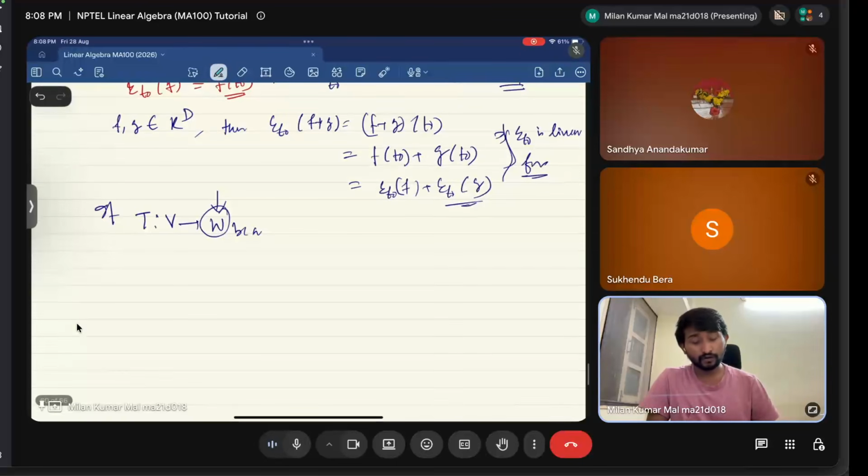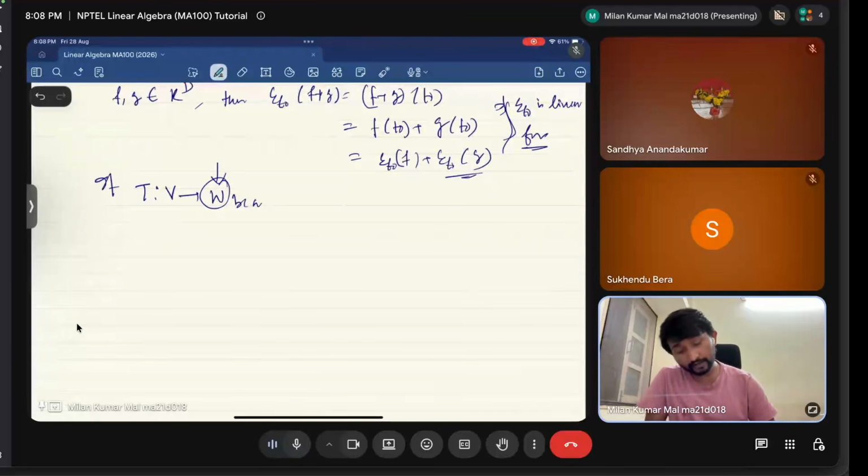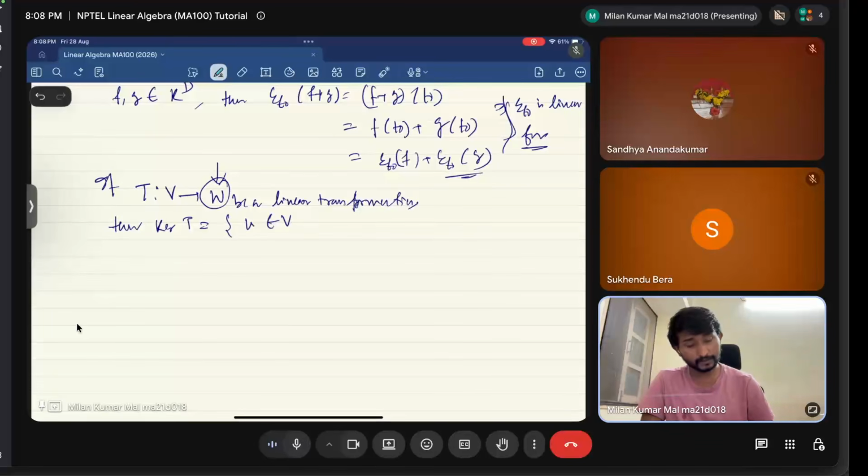But what I'm going to give you right now is the kernel of a linear transformation. Let T from V to W be a linear transformation. Then the kernel of T equals all those vectors v coming from the vector space V such that T v equals 0.